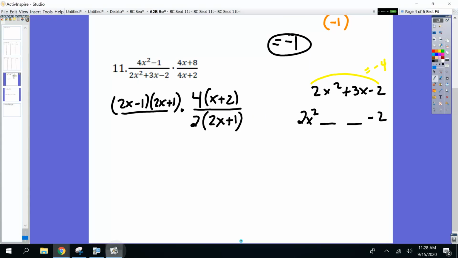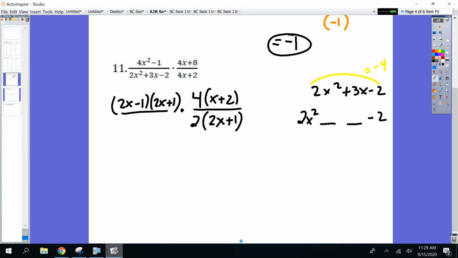Did you find those two numbers? Don't panic. Multiply to negative 4, but add to 3. Just think about numbers that multiply to 4 first. 2 and 2.